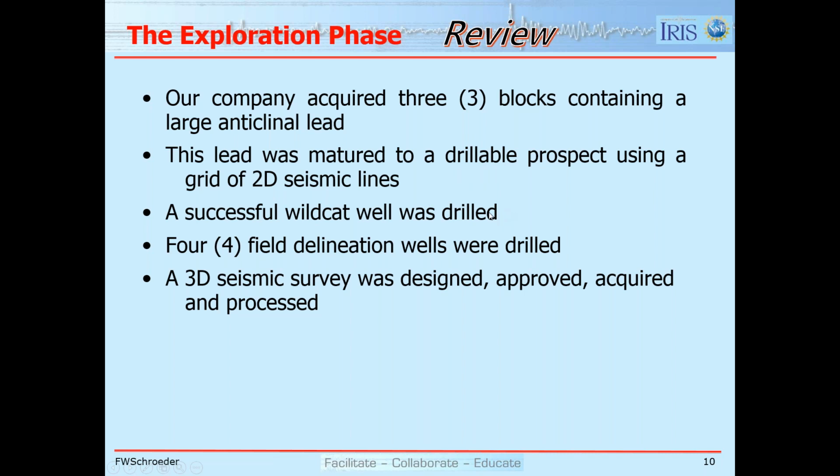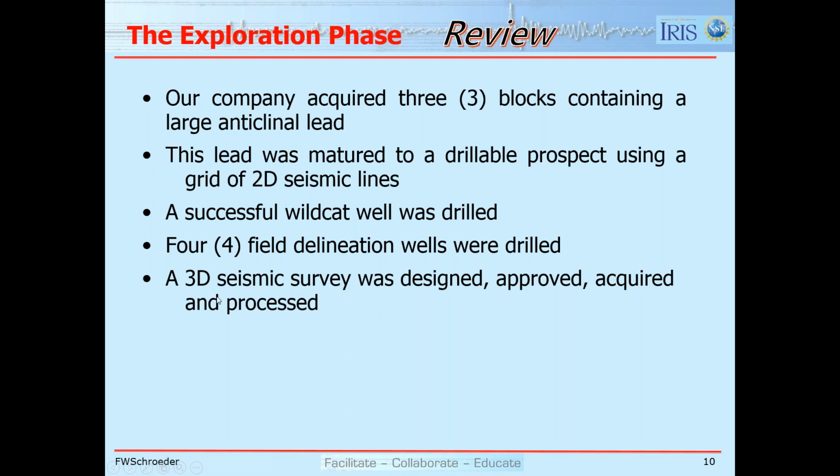That well was drilled. It was successful. And still within the exploration phase, they drilled 4 additional wells to delineate the field, to confirm the size of the hydrocarbon volume, and ensure that management was comfortable that, yes, we should proceed and build and install and operate an offshore platform.